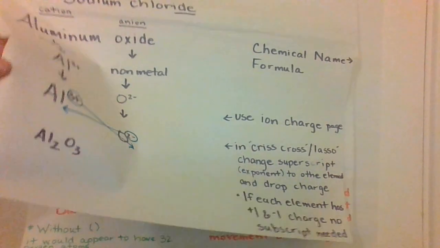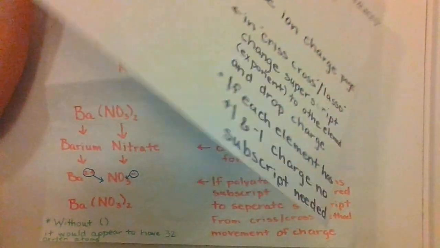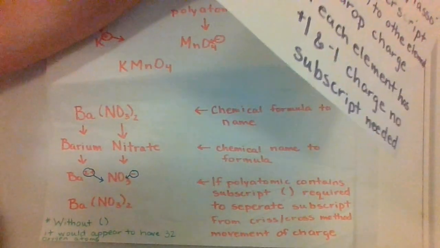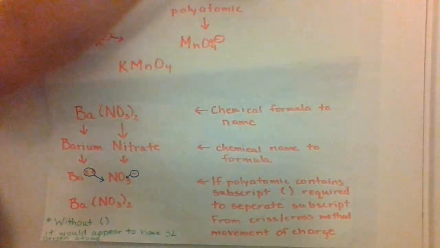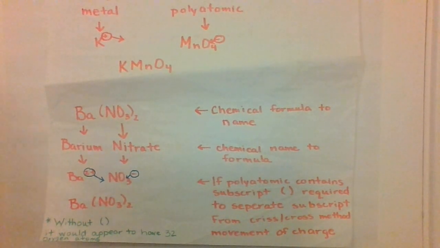All right, welcome back. We are now going to take a look at polyatomic ions in naming. Once again, we're going to be using the rules of ionic naming, and you're going to want your polyatomic ion sheets in order to do these problems.